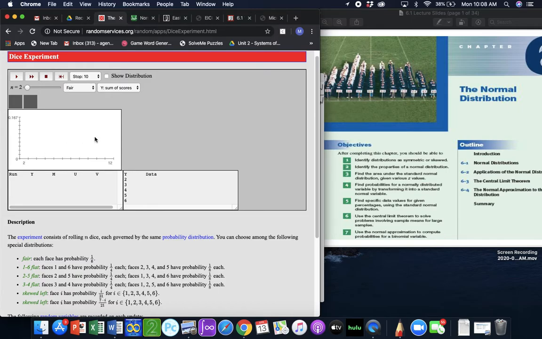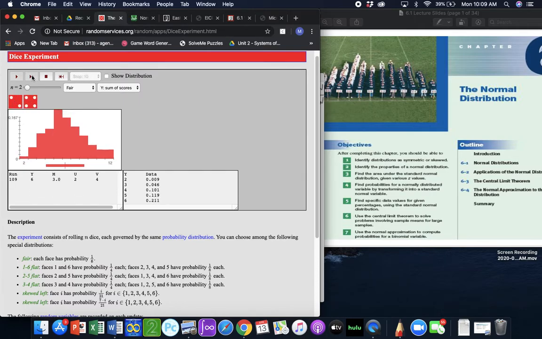To show this example, I just want you to pretend we are getting people's heights in the building. Let's say I survey 10 people, and these are my heights. Don't pay attention to the dice, I'm just using this as an example. And let's say I survey another 10 people, another 10 people, another 10 people. You'll notice that it starts to mimic what we would call a bell-shaped curve.